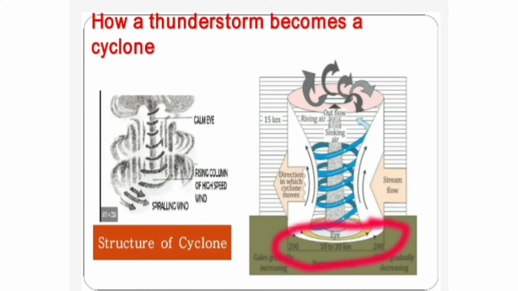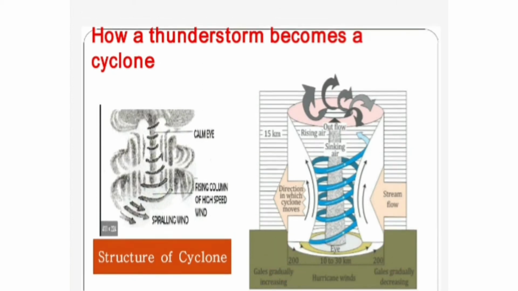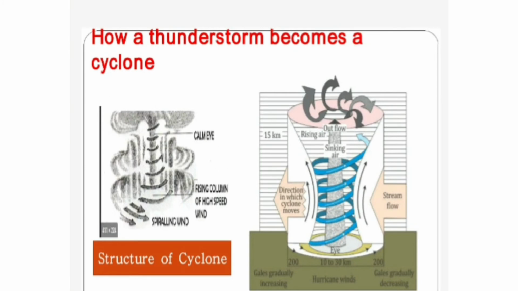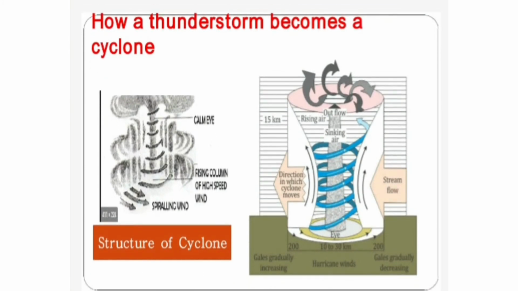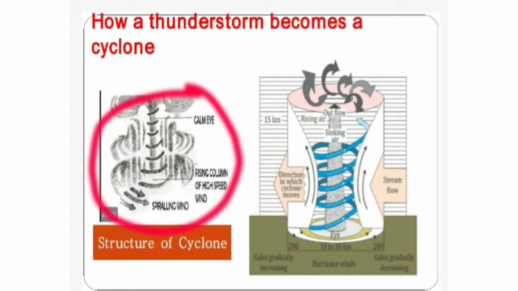In these regions, there are high-speed winds and thick clouds with heavy rains. Away from these regions, the wind speed gradually decreases. The formation of a cyclone is a very complex process.